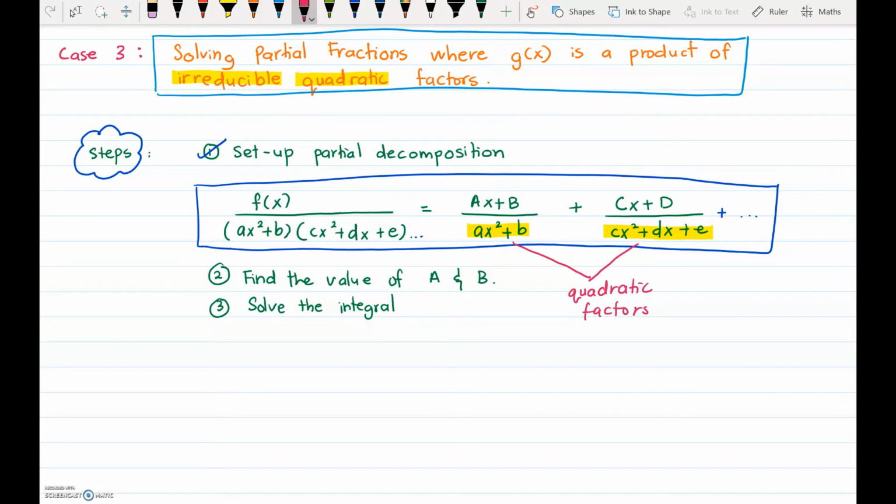What it means with irreducible quadratics is you cannot factorize the quadratic. So it is an irreducible quadratic factor, meaning it cannot be factorized.